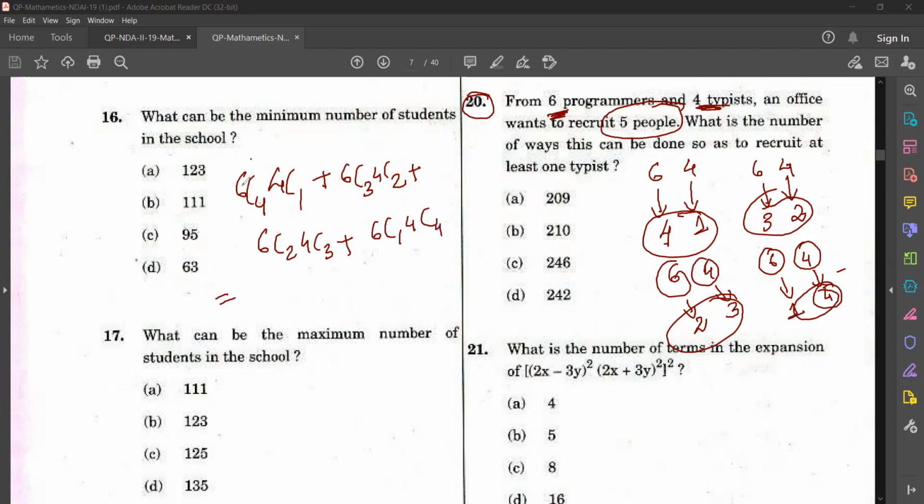So do this: 6C4 is 15, so 15 into 4, plus 20 into 6, plus 15 into 4, plus 6 into 1. When you do that, you get the answer as 246. Option C is the correct answer.